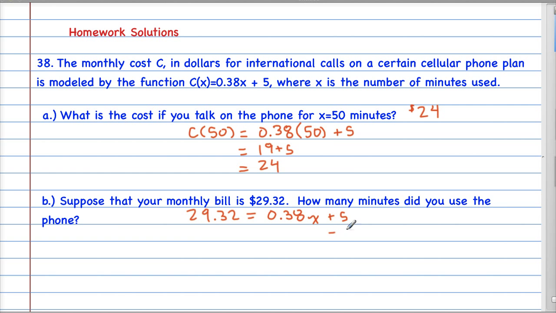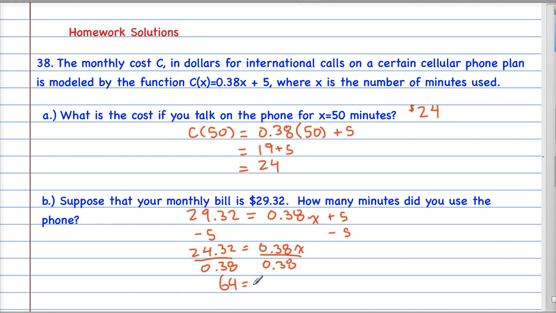So first step, to get x by itself, I have to subtract 5. And so I'll get 24.32 equals 0.38x. Now I'm going to divide both sides by 0.38. 24.32 divided by 0.38 equals 64.